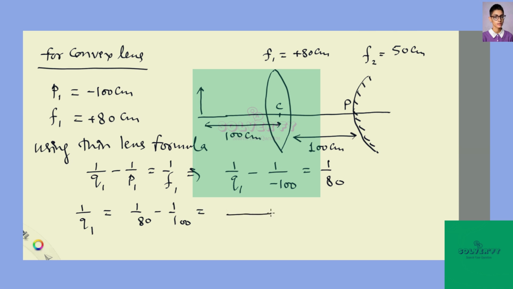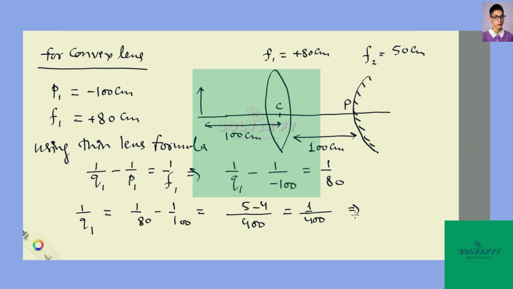If you take the LCM of 80 and 100, it comes out to be 400. So here 80 fives are 400, so this is 5, and 100 fours are 400, so this is 4. So it becomes 1 by 400.